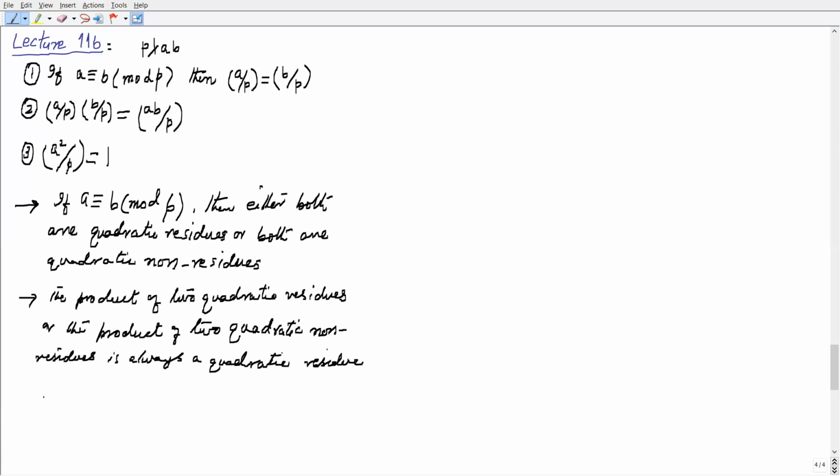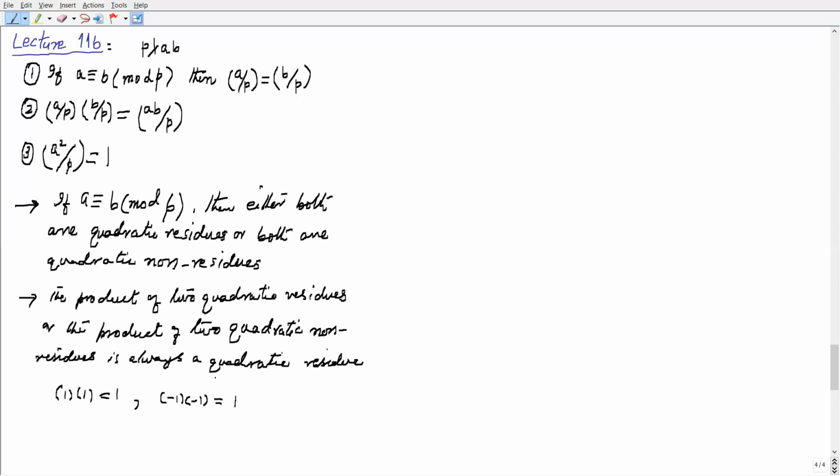So if two numbers are quadratic residues, then their Legendre symbol is 1, so the product of 1 and 1 is always 1. And if two numbers are quadratic non-residues, then their Legendre symbol is -1, then the product is again 1.